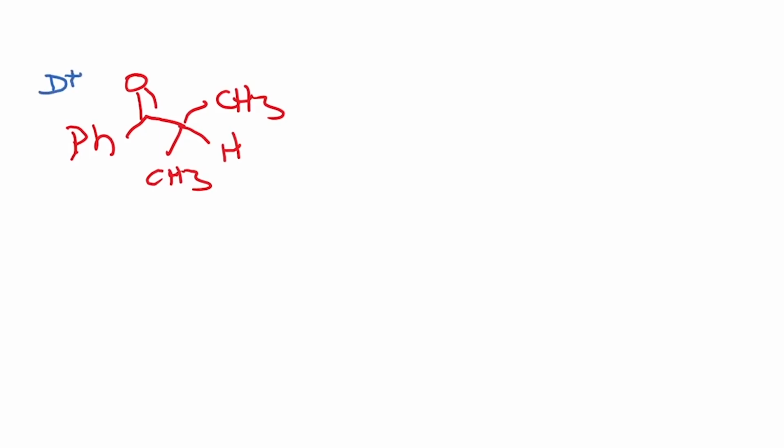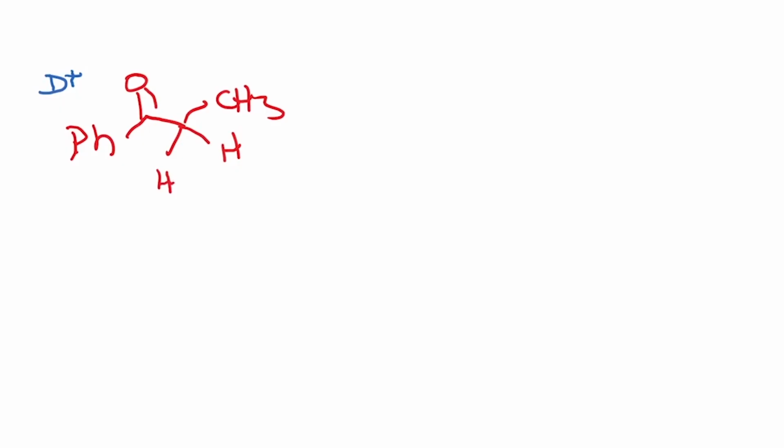Keep in mind that this is in D2O, and the bottles of D2O that we get are 99.98% D2O, a really high amount. So it's unlikely that there's even a small amount of H2O present, and therefore you can assume it's almost 100% D2O in these reaction conditions.